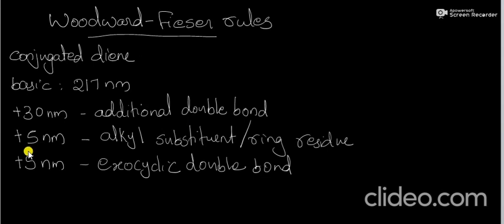Then add 5 nanometer for each alkyl substituent or a ring residue on the doubly bonded carbons, and add 5 nanometer for each exocyclic double bond, if any. If the same double bond happens to be exocyclic to two rings, 2 into 5, that is 10 nanometer is to be added. For example, calculate the lambda maximum for this compound.